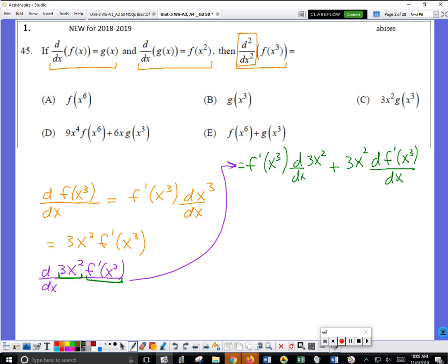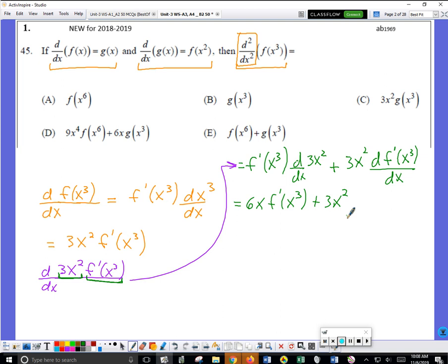So now we say equals. Let's see. This would just be 5. This is going to be 6x. Okay. Now we just have to use the chain rule again.